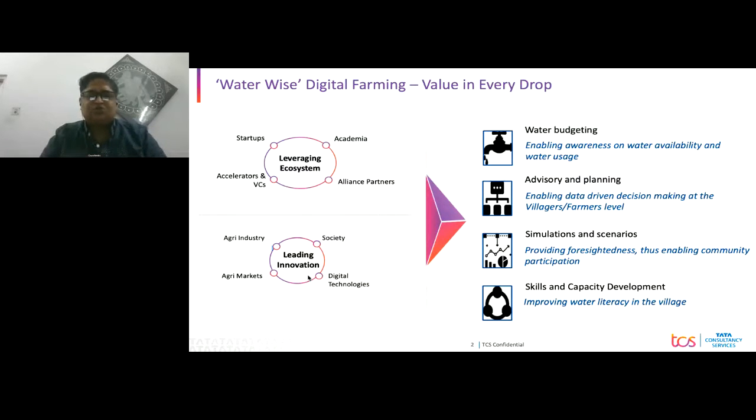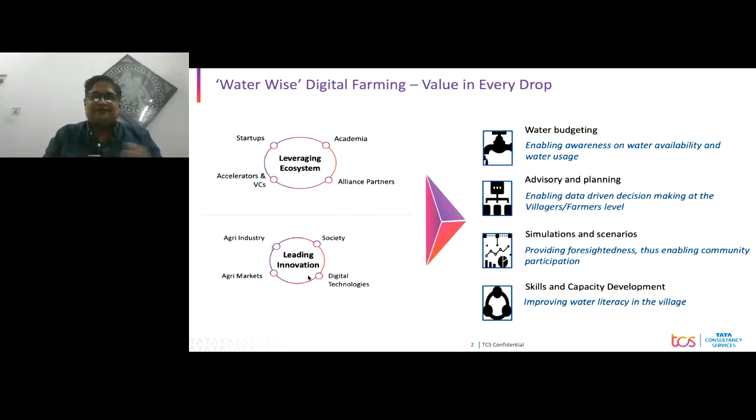I want to present two stories from TCS, how we have been helping the farming community in different contexts. The first use case is from my own India, and we all know India has 18% of the global population, but we only have 4% of the fresh water, and 80% of that fresh water is consumed by agriculture.